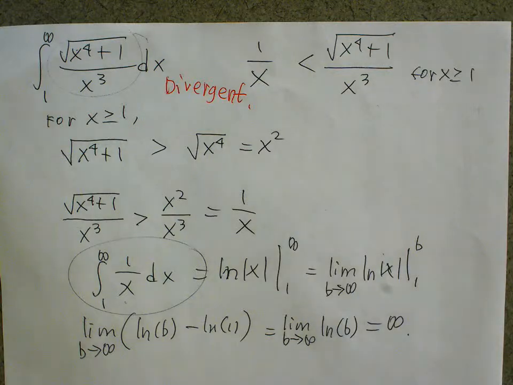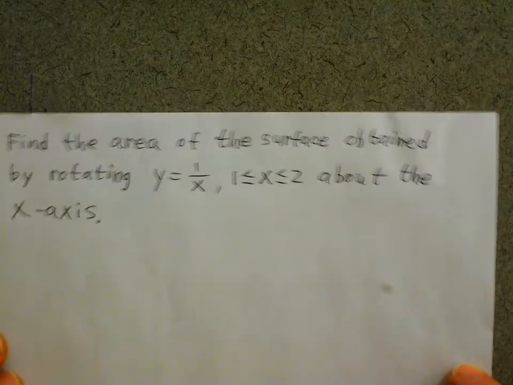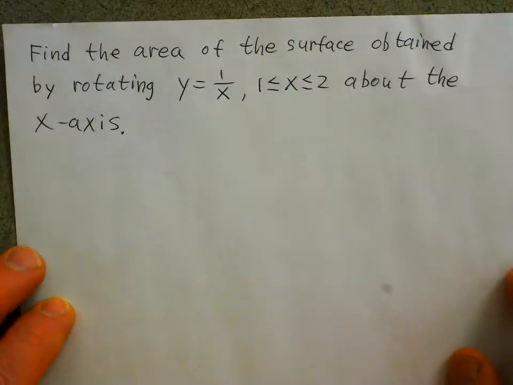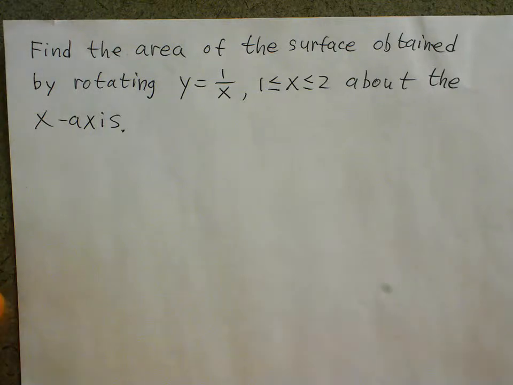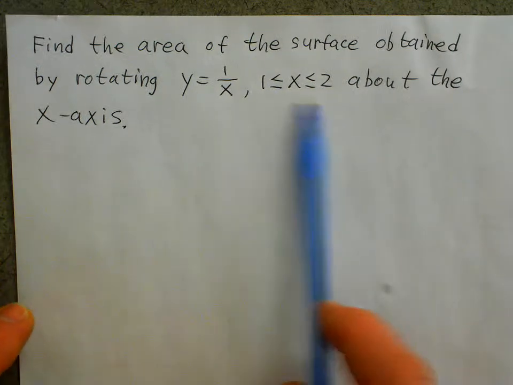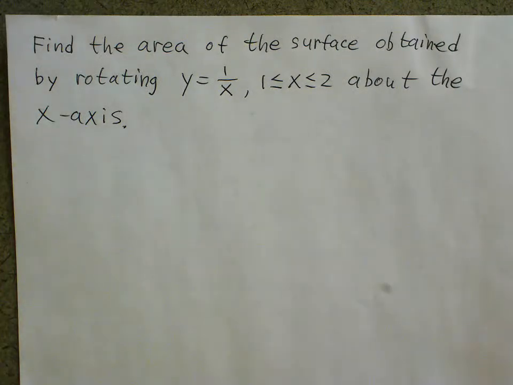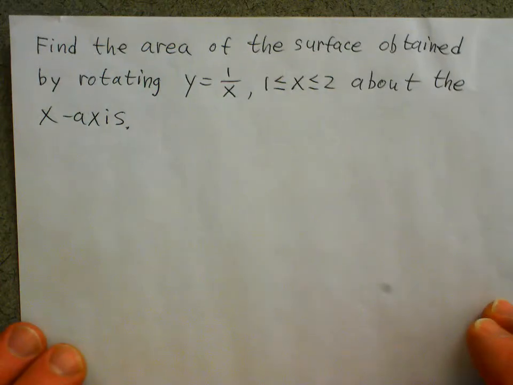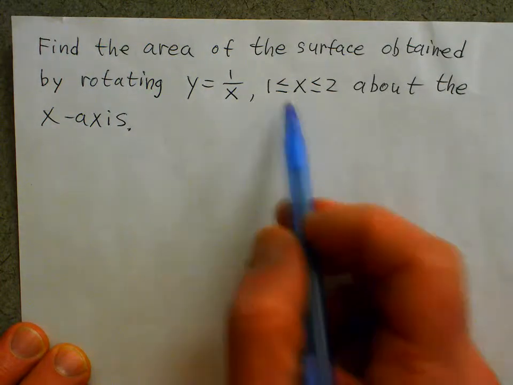Well, there's a little over a minute left. This is the same function y equals 1 over x, but this time the interval is of finite length. So we already did the work on this one.